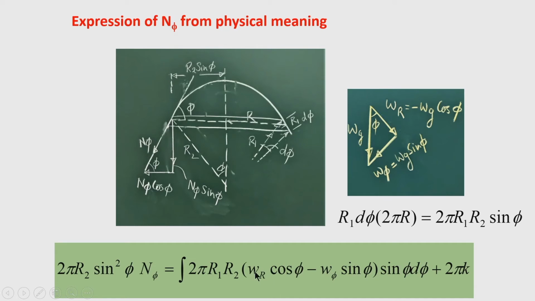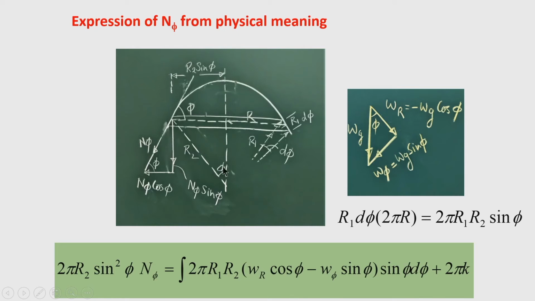So, the quantity inside the parenthesis is nothing but the effective vertical load. The effective vertical load is multiplied by the area of the strip, because it is axisymmetrical loading.